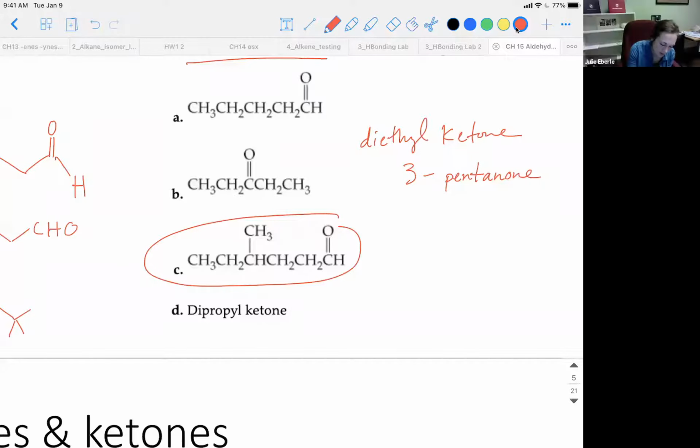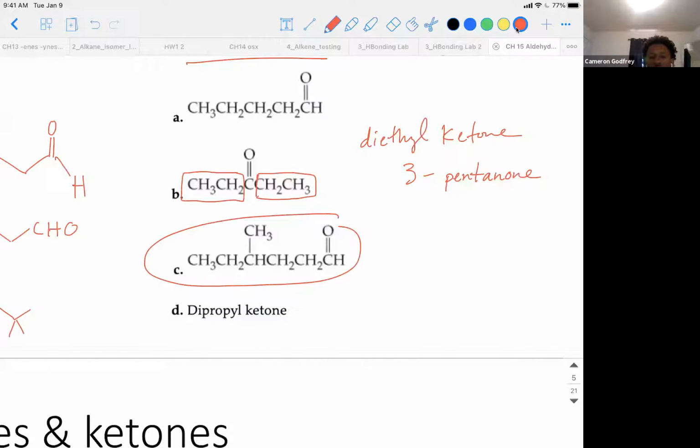Yeah, so Cameron, the common naming looks at the left side and says, what's branched off on the left side? That is an ethyl group. Then it looks at the right side and says, what's branched off on the right side? Another ethyl group. Whenever you have 2 identical groups branched off of something, you use the prefix di to indicate there's 2 there. That's why I put diethyl ketone.